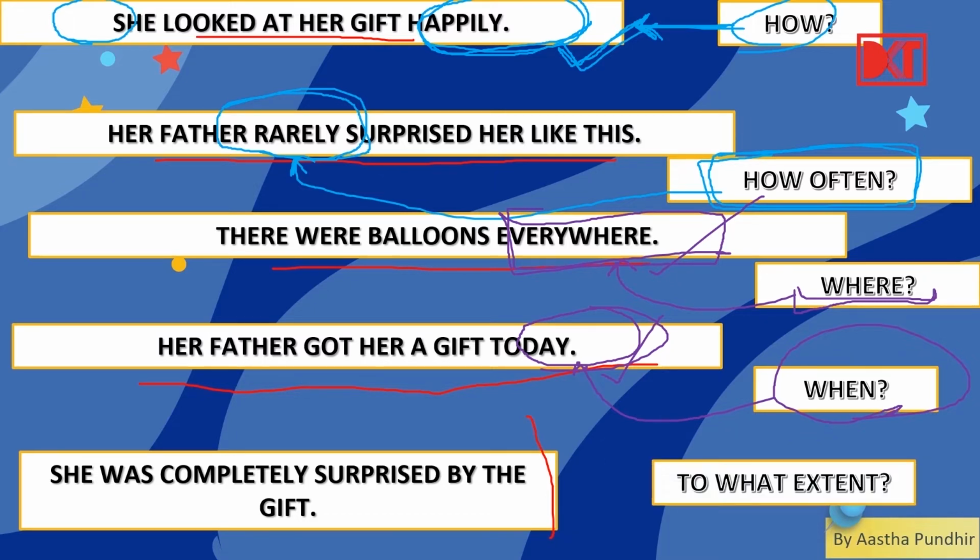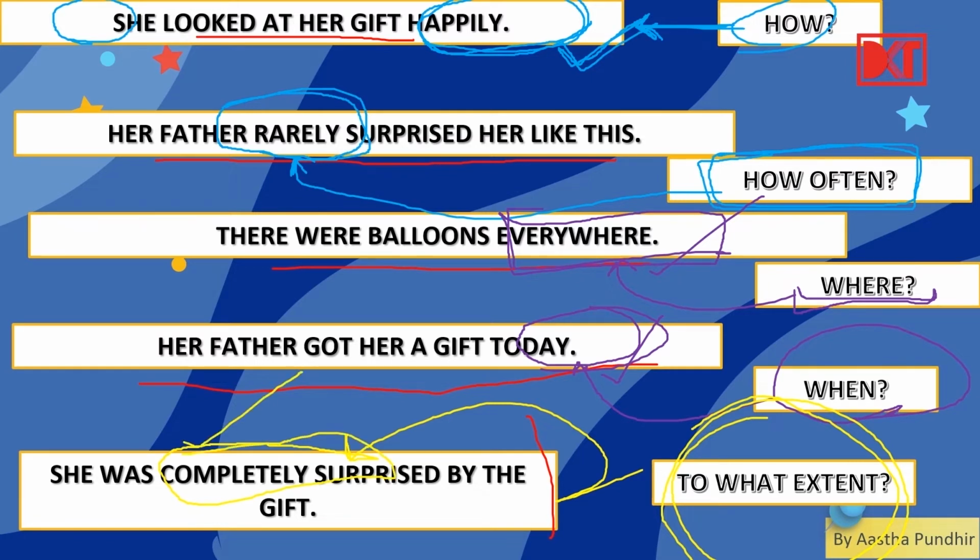Alright. Now the last question being answered is to what extent. To what extent was the girl surprised? She was completely surprised. She was completely surprised by the gift. Okay. So these are the 5 questions that adverbs answer. We got how from happily.